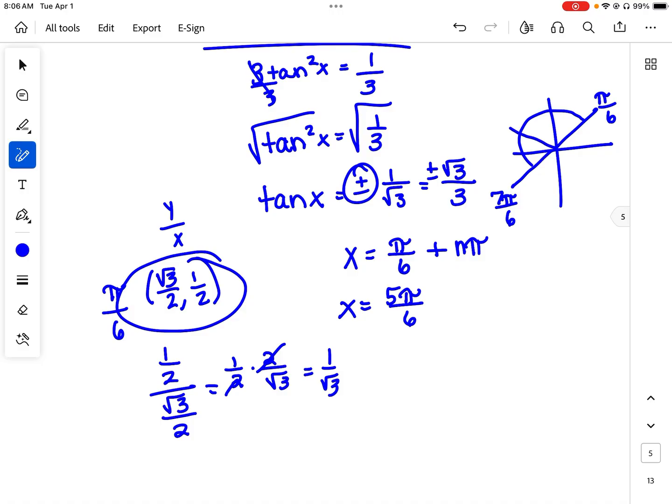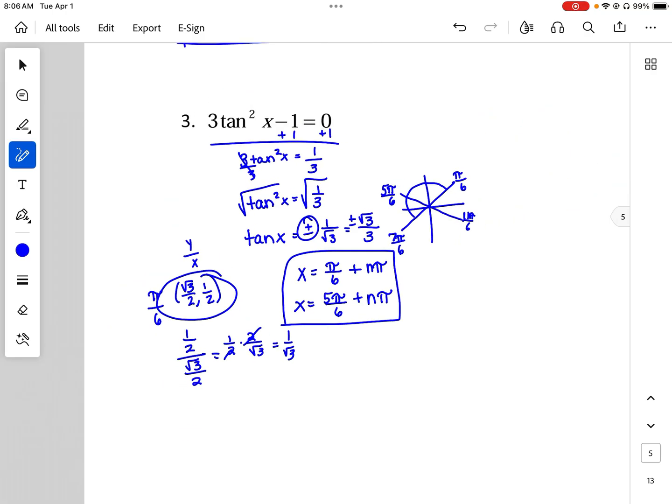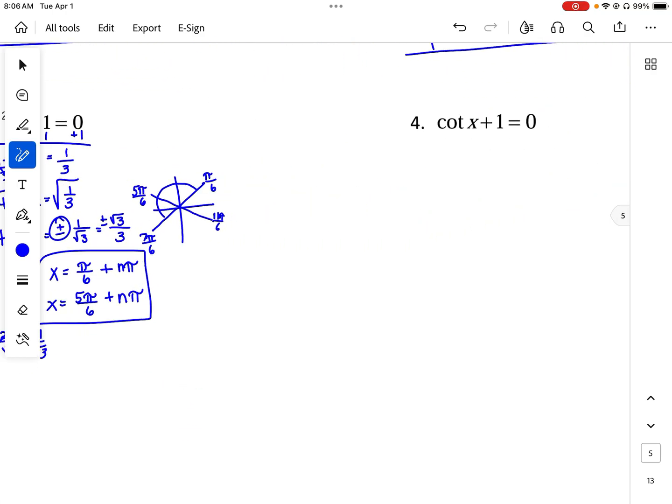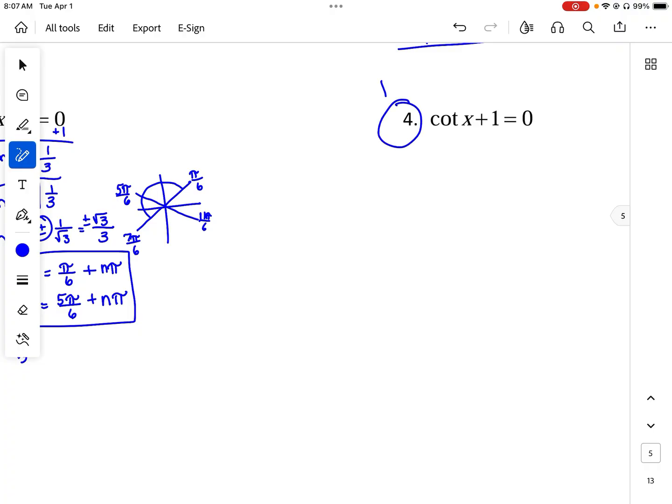And then the other one is right here, 5 pi over 6. And if you go 180 degrees, you get to 11 pi over 6. So we'll do plus n pi. So that's what x is. All right, we will do number 4 in class.